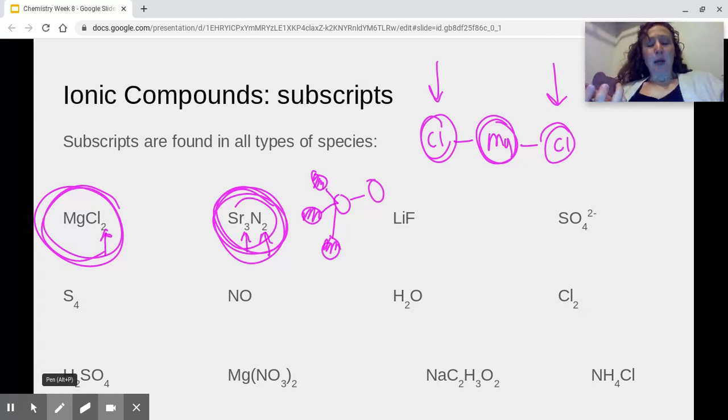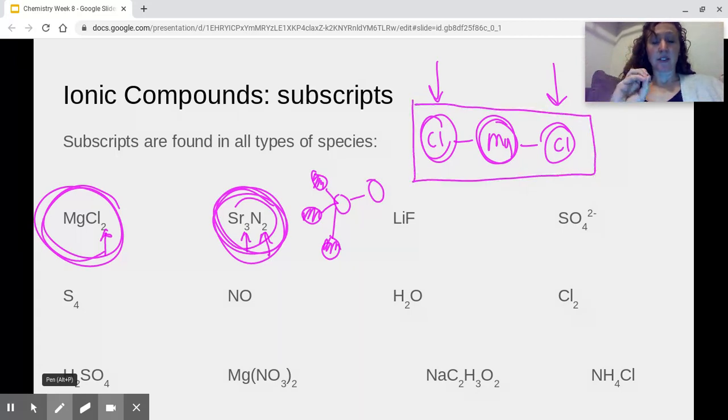Now, the way I'm writing these compounds is a little misleading. I'm writing these compounds as if they exist as an individual little unit. But remember, anything that's an ionic compound, anything that's a metal and a nonmetal put together, is actually not going to exist like this in individual little packets.